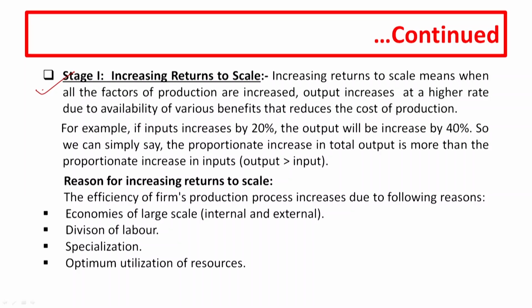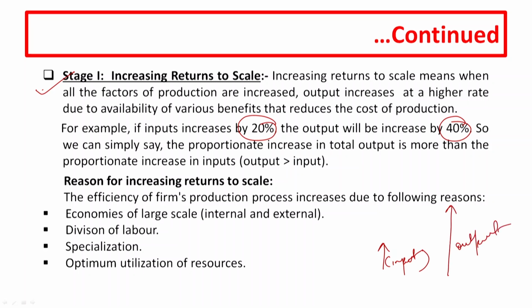So, for example, suppose you have increased the input by 20%, but output is increasing by 40%. That means you have used this much of input, but your output is this much.